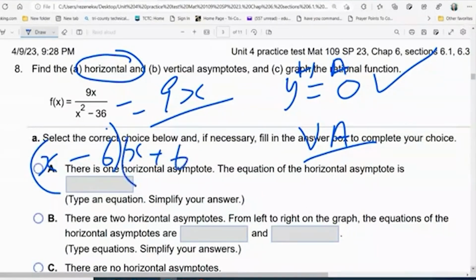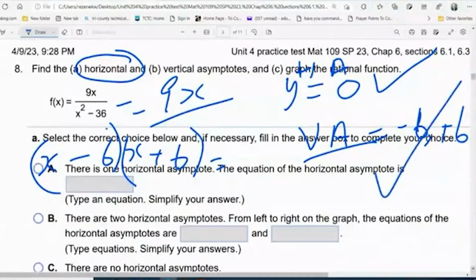That's the difference of two squares equal to 0, right? Factors are plus or minus 6. And so the vertical asymptotes are minus 6 and plus 6. So there are two vertical asymptotes. So vertical asymptote is present.